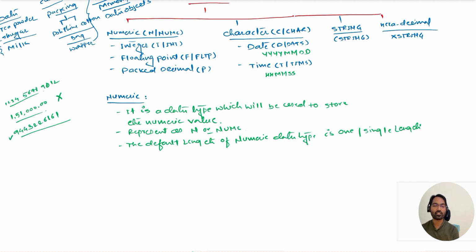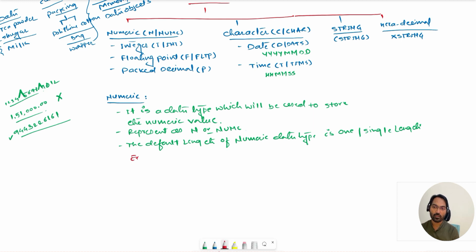It will be stored in this format. So if you want to store the number without being separated by comma or by spaces, and here we do have the space, here also we do have the space, and without some odd decimal, in that situation you need to go with the numeric data type.